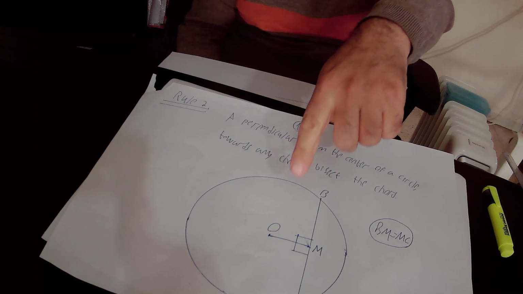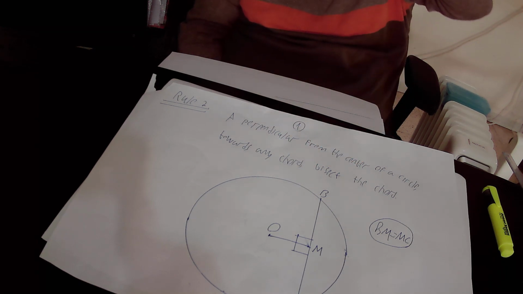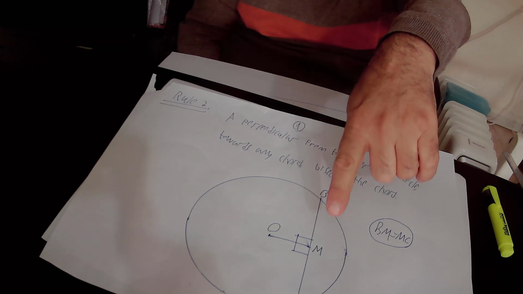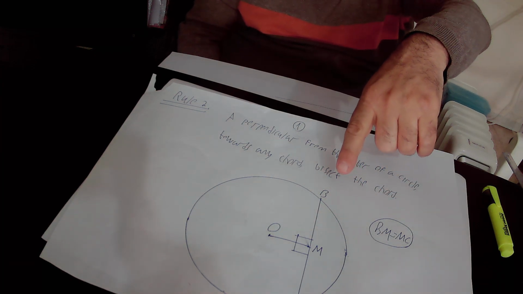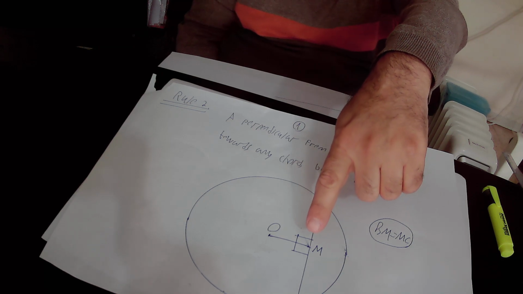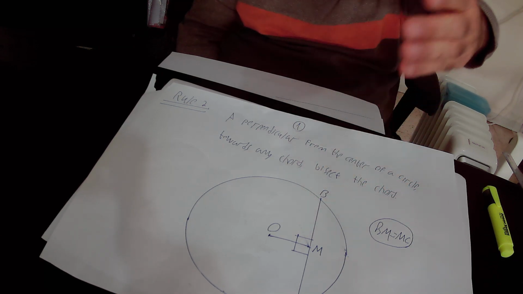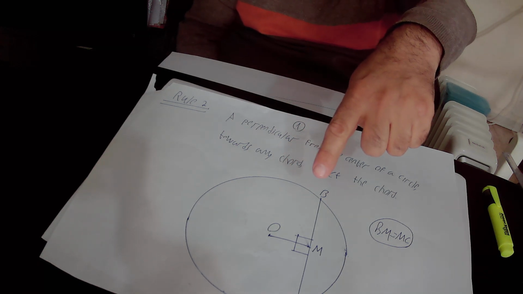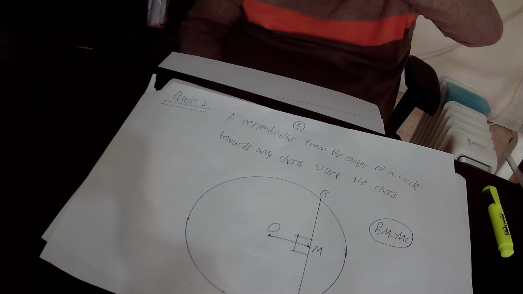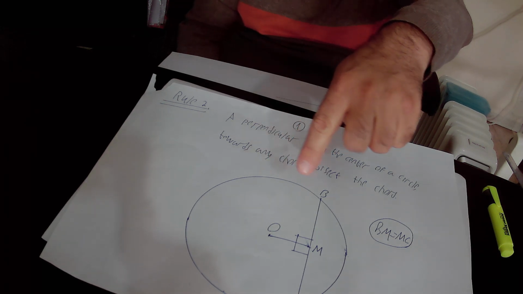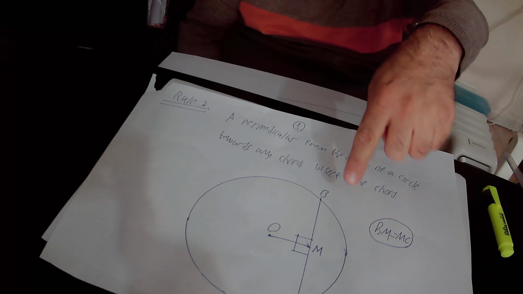The center of the circle is here at point O, so if you draw a perpendicular towards chord BC, this angle equals 90 degrees and this angle equals 90 degrees according to our construction. We define the touching point of the perpendicular from point O and BC as M. So according to rule number 2, the perpendicular OM bisects chord BC.